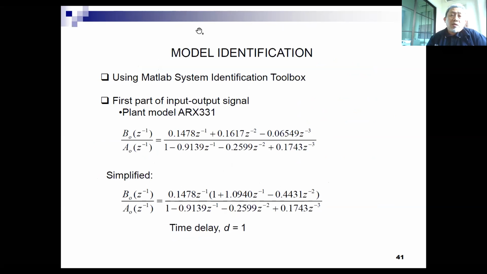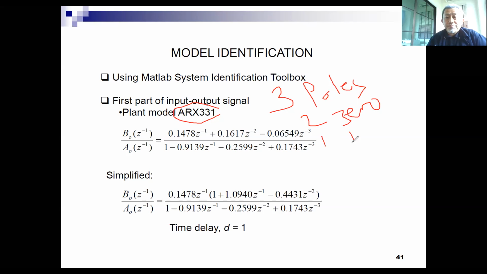So 331 means that we suggest three poles, two zeros, and one delay.